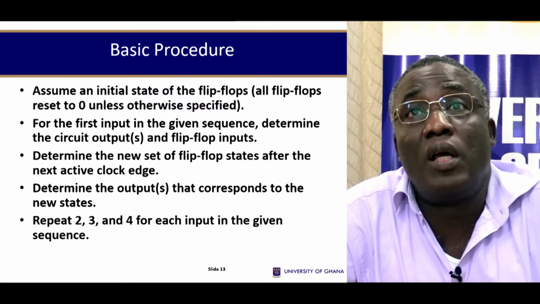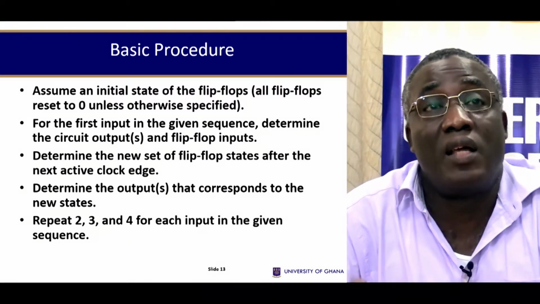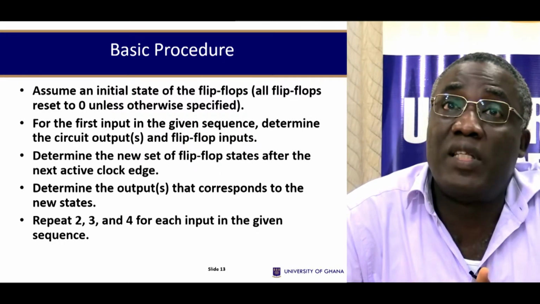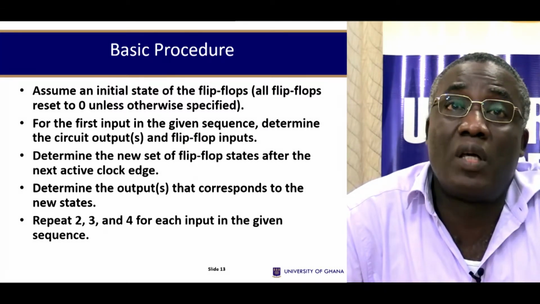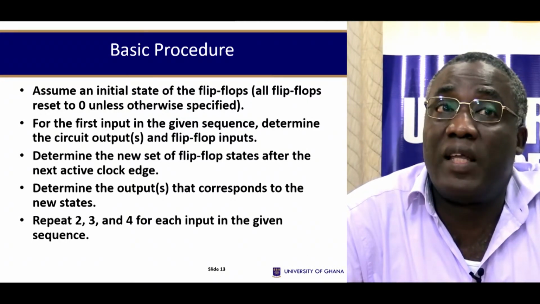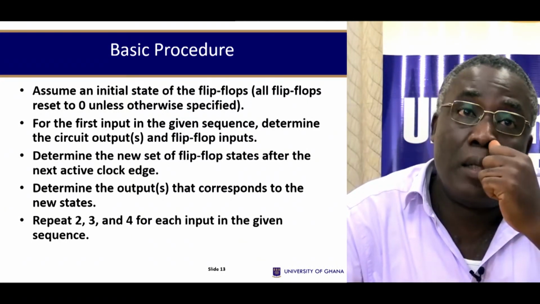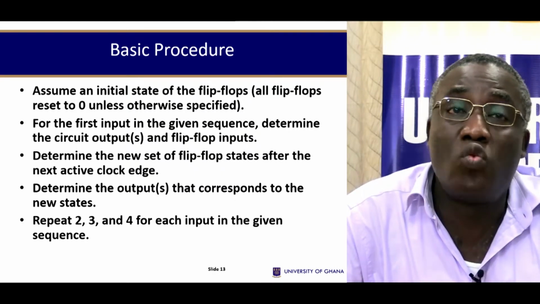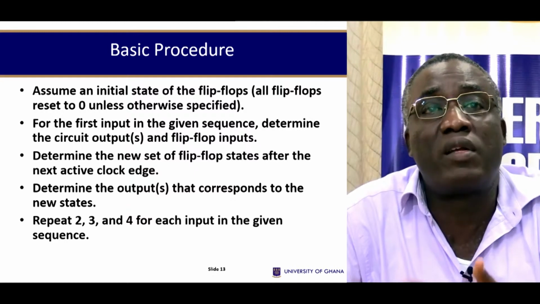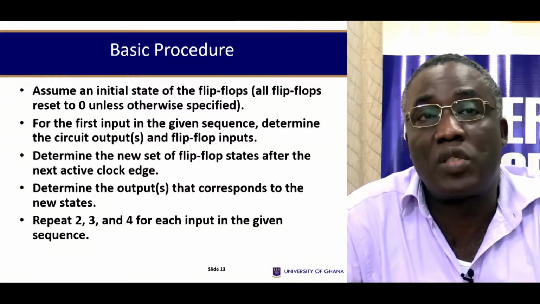All flip-flops are reset to 0 unless otherwise specified. For the first input in the given sequence, you determine the circuit outputs. You determine the new set of flip-flop states after the next active clock edge. You determine the outputs that will correspond to the new states, and then you simply repeat steps 2, 3, and 4 for each given input.